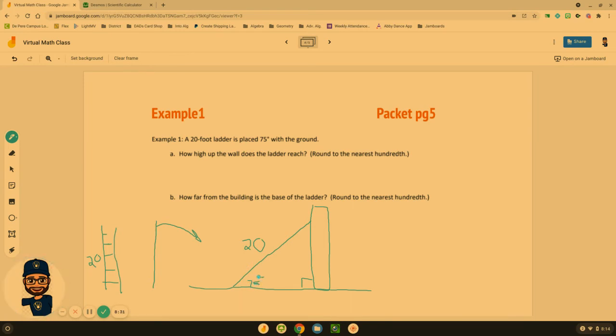Knowing how to set this one up is half the battle. It wants to know how high up the wall it will reach. If 75 is the angle measure, what side of the triangle is the wall?